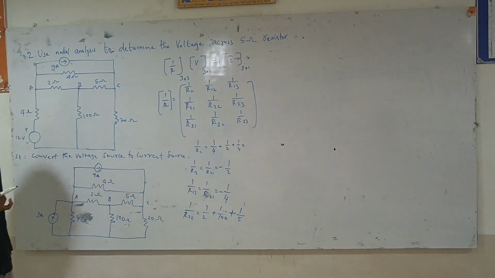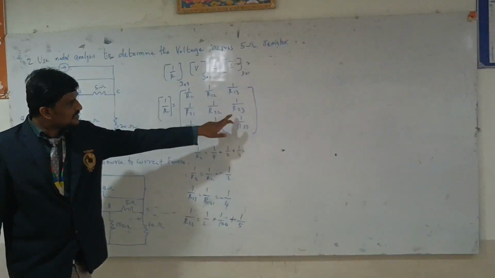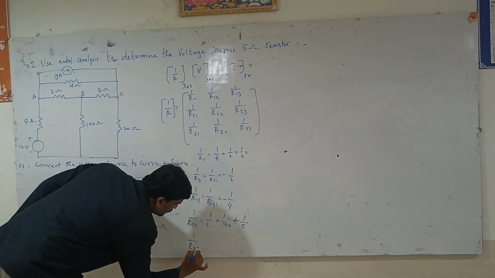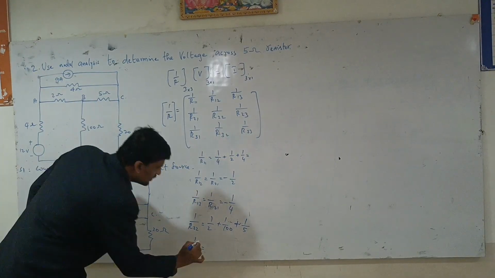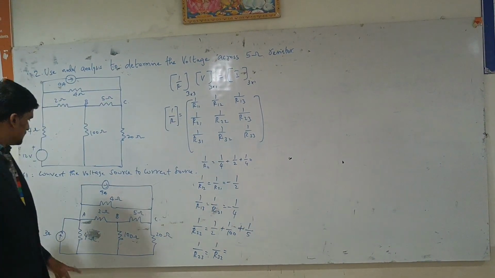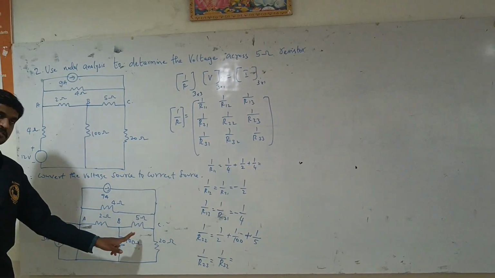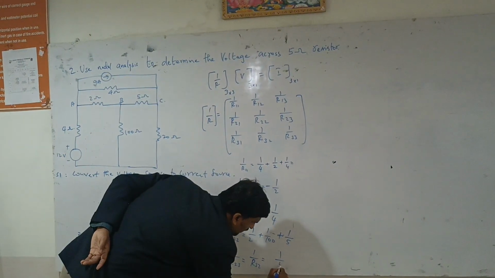And next R23. 1 by R23 will be equal to 1 by R32. Between the second and third nodes, the resistor which is connected between them is 5. Therefore it is 1 by 5.